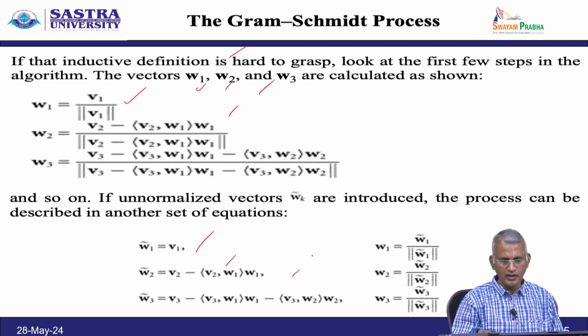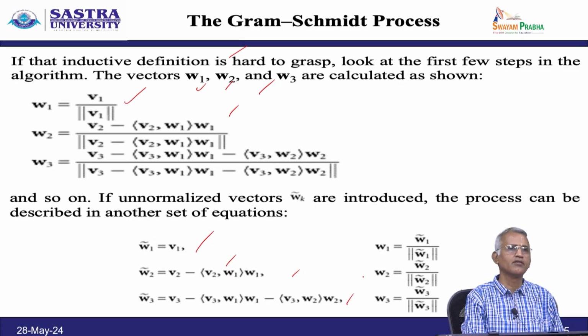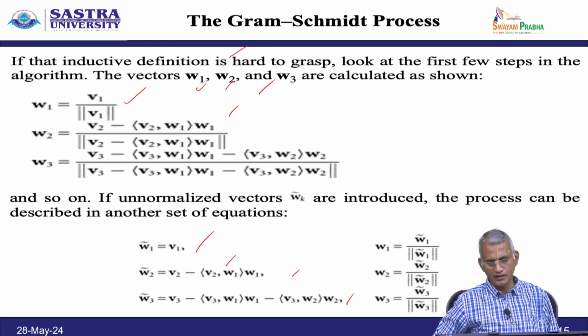So, this way we can do the process of finding the vectors W1, W2, W3. That is how orthogonal projection works, and how to generalize it we can do with the help of this theorem.